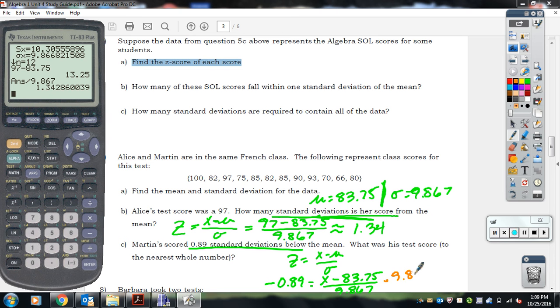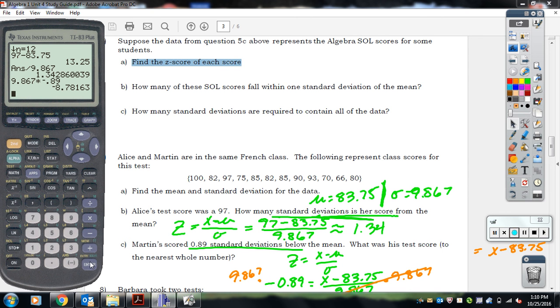Multiply by 9.867. Multiply this side by 9.867. On the right-hand side, we have x minus 83.75. On the left-hand side, we have the product of 9.867 and negative 0.89, which is negative 8.782, we'll call it.